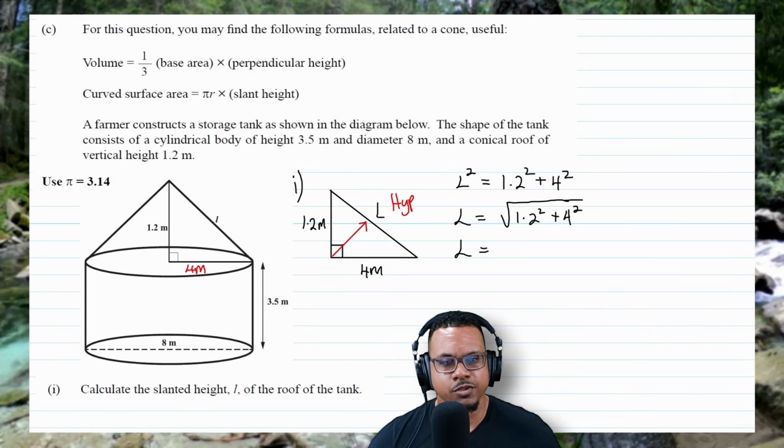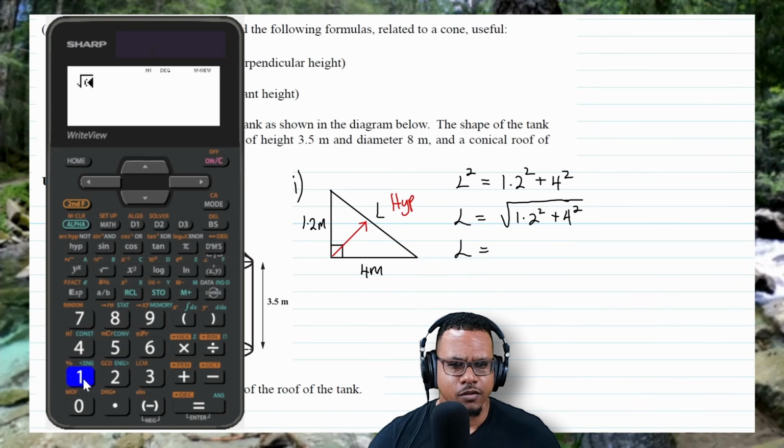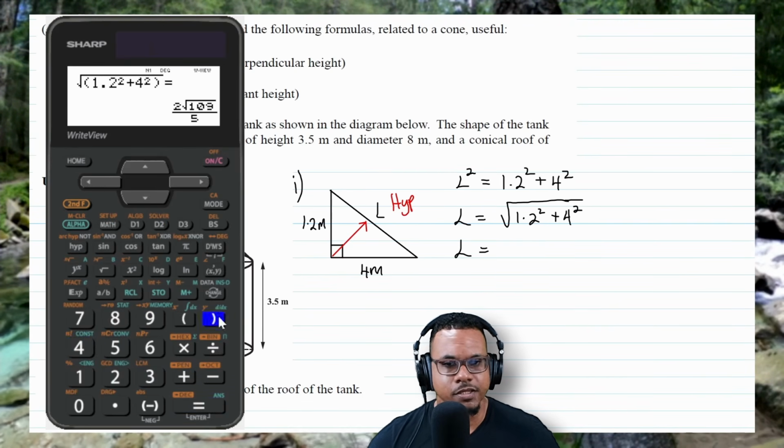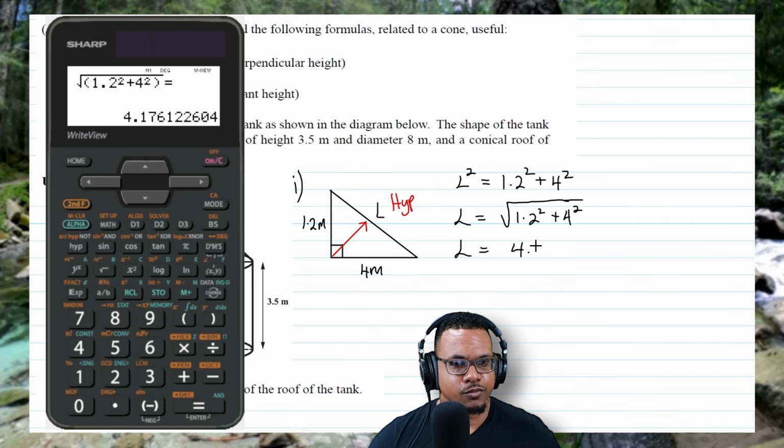I'll just pull my calculator up and type in the square root of, open brackets, 1.2 squared plus 4 squared, and close the brackets. And that will be equal to 4.176. So I'll write that as 4.18 meters.